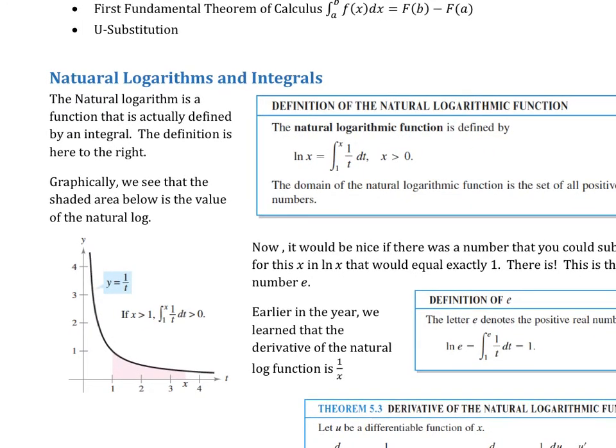So the definition of a logarithm is this function that is the area underneath the graph of 1 over t, or 1 over x, all right? So the log is the integral, the area underneath a curve from 1 to x, all right? So that's what a natural logarithm is defined as.